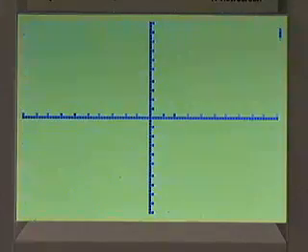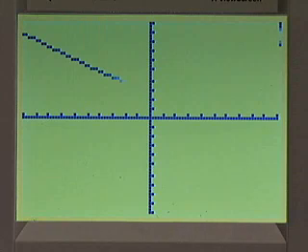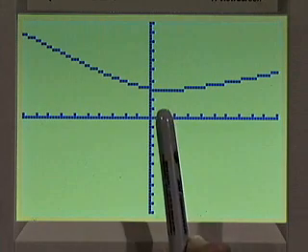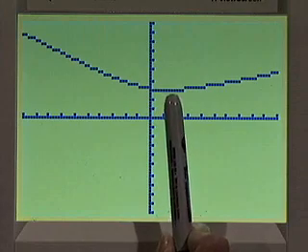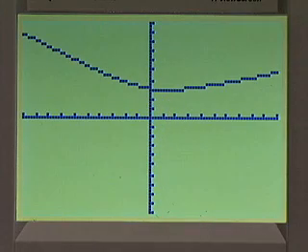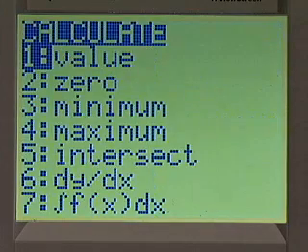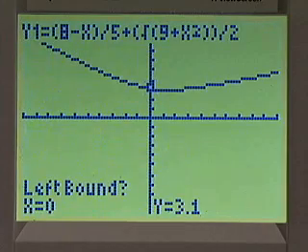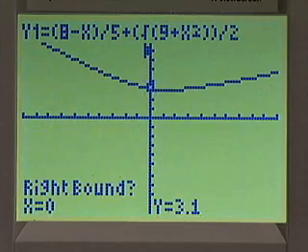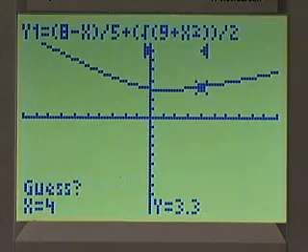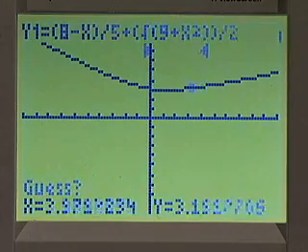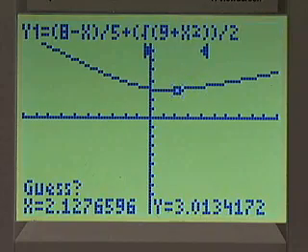Let's zoom 6. And what we note is that we do end up with a minimum value approximately here. Let's use calculate the minimum value in this problem. That's a good lower bound. Looks like I could choose probably 4 would be fine as a right bound. And we'll end up making a guess around here.